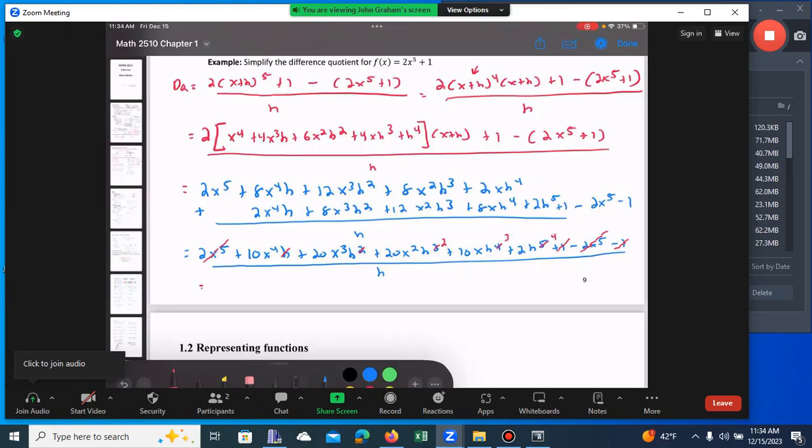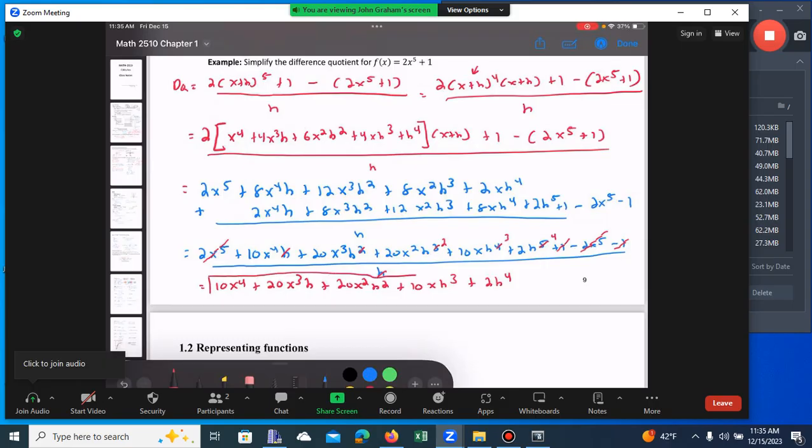So now we have remaining 10x to the fourth plus 20x cubed h plus 20x squared h squared plus 10x h cubed plus 2h to the fourth. All right, and that's the difference quotient for this.